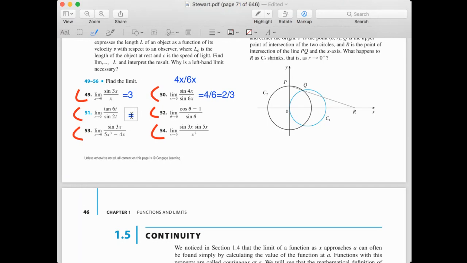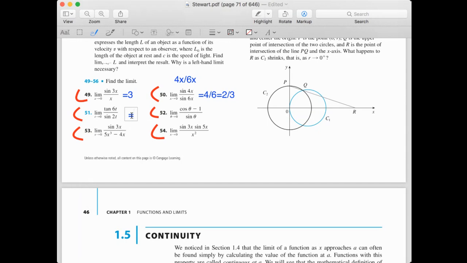And that will give me 3 over cosine square 6x cosine 2x, and that will lead to 3 divided over cosine square 6 times 0 cosine 2 times 0.